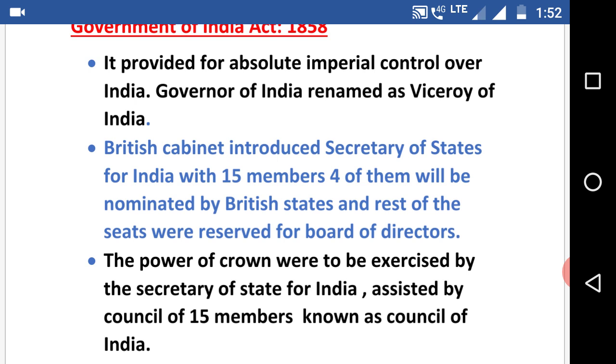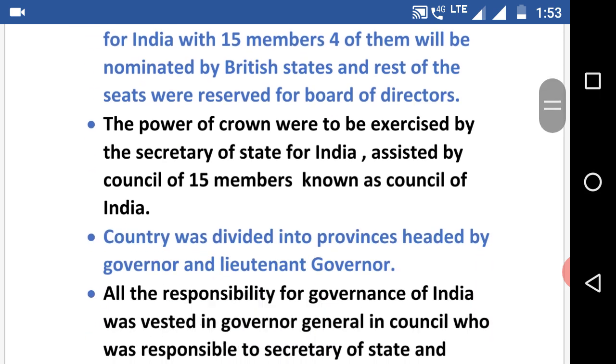The power of the Crown was to be exercised by the Secretary of State for India, assisted by a Council of 15 members known as the Council of India. The country was divided into provinces headed by governors and lieutenant governors.